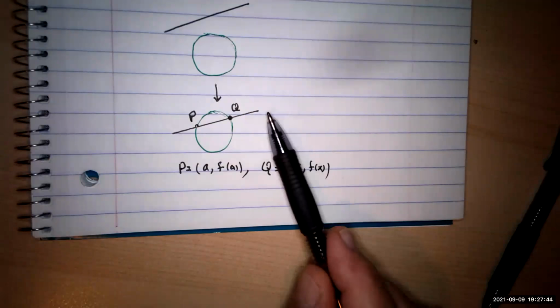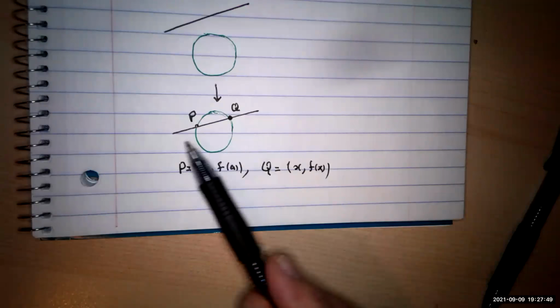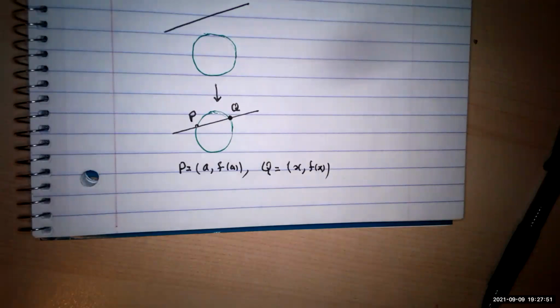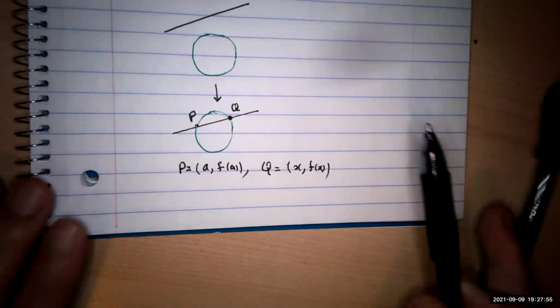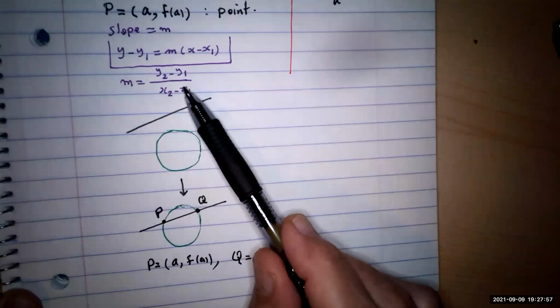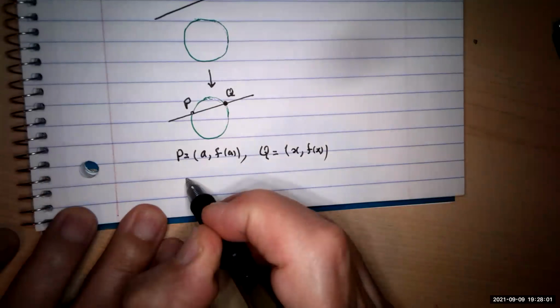This line is going to be called a secant line. It's called a secant line because it intersects the circle at 2 points. Now we can find the slope of a secant line. Why? Because I give you 2 points. See, that's the formula for the slope. So what's going to be the slope of this line?